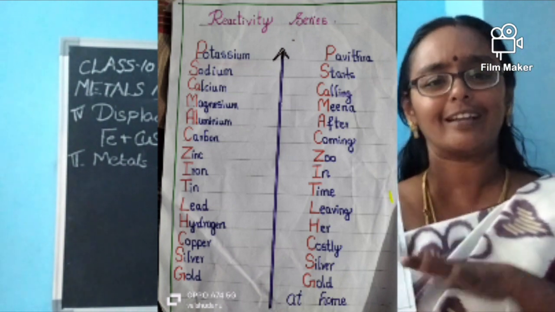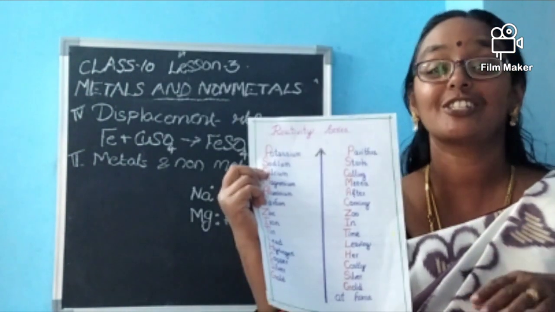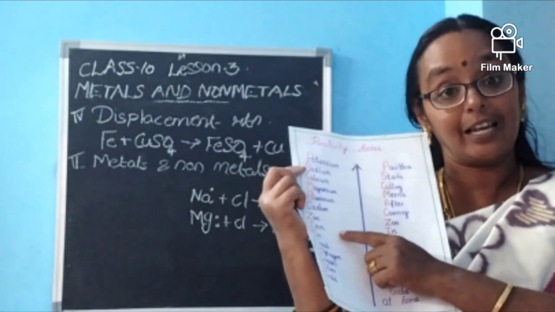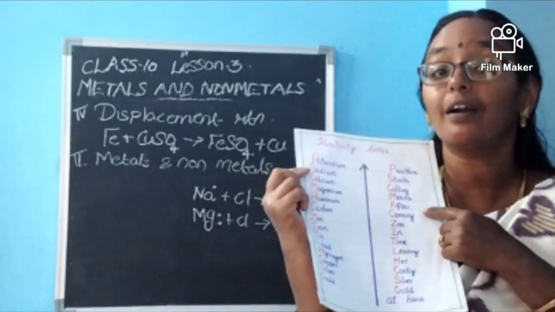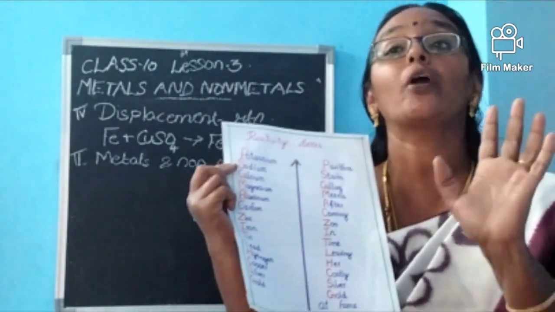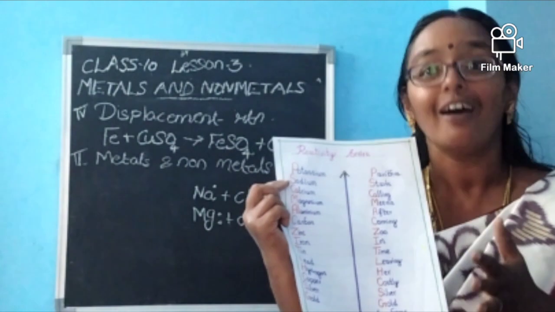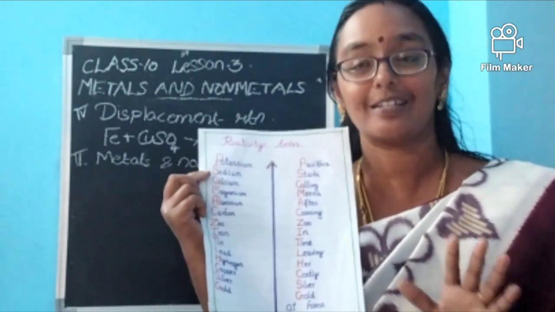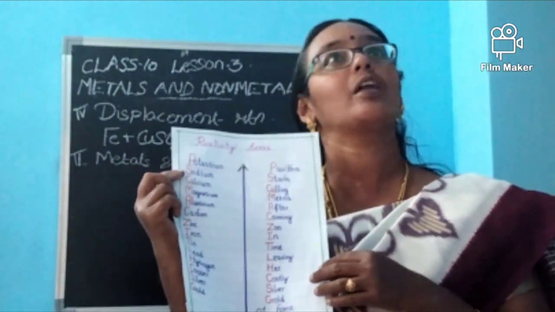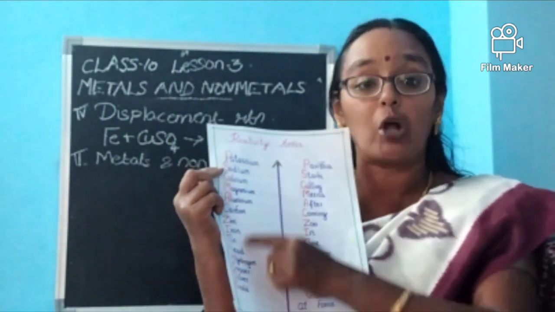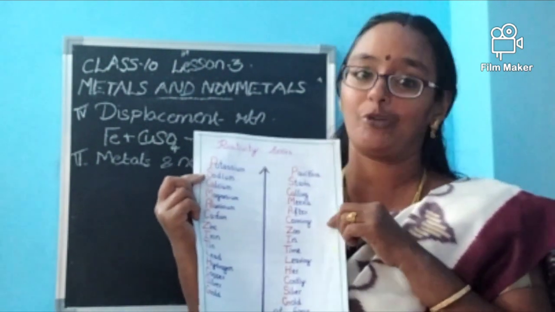We can change this according to our wish, but it makes things easy. But if you learn only the mnemonic and not the series, it is of no use. I am giving you the mnemonic only to help you. If you have not learned what the series is, it will be of no use. Okay?